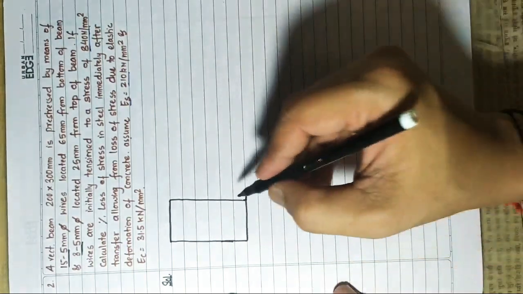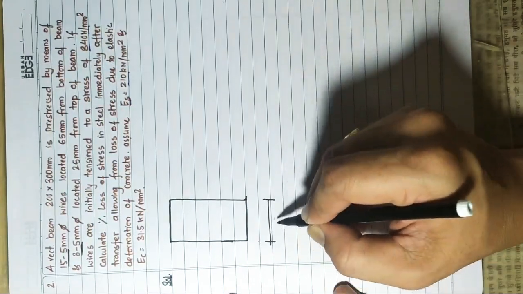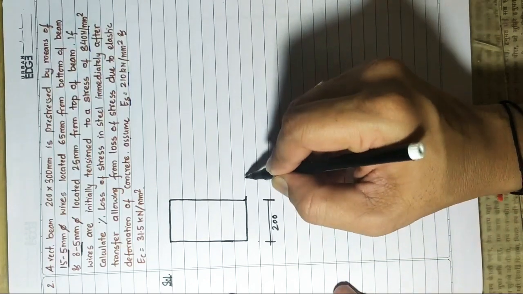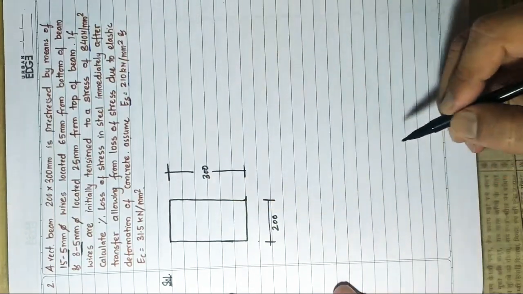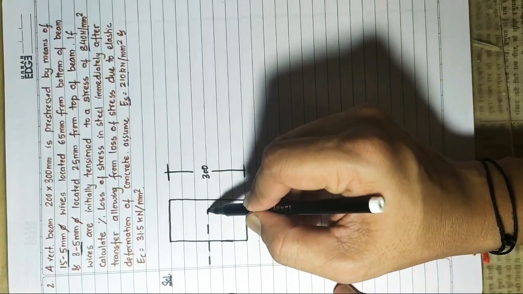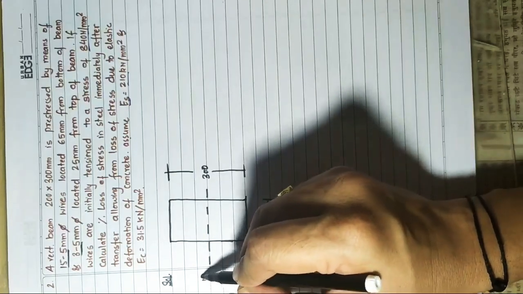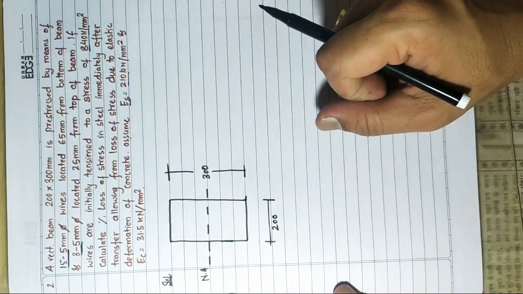The cross section is drawn bigger compared to the dimensions to show you how the values are there. This particular width is 200 and depth is 300 mm. Easily we are able to locate the neutral axis of the concrete section. 150 mm is this value, 150 mm is this particular value.